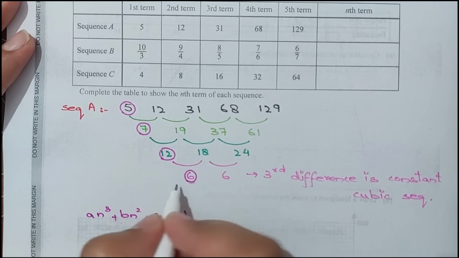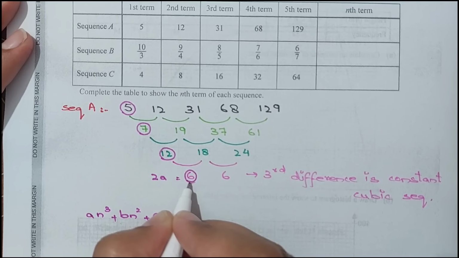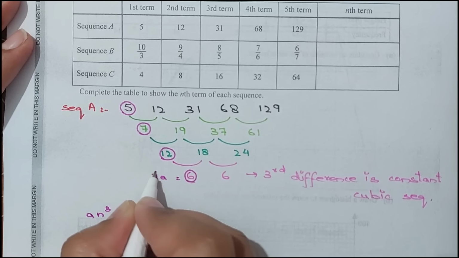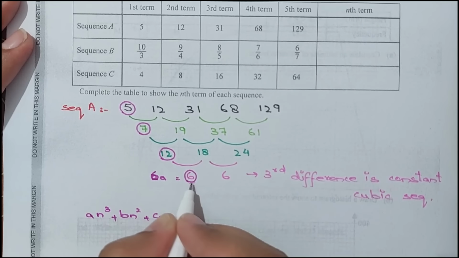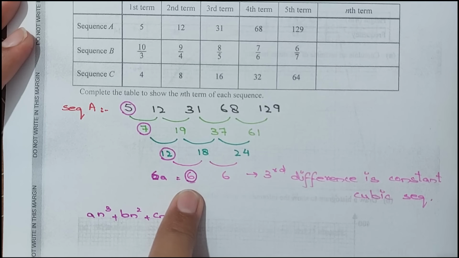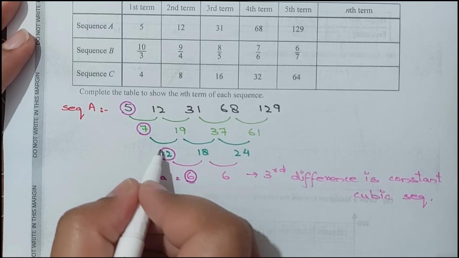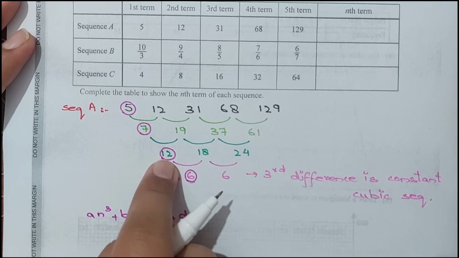Okay, so the first thing is we can say 2a would be equal to the first term of, sorry, 6a. This is for the quadratic. 6a would be equal to the first term of the third difference, the constant difference, right? Now we have to use the first term of the second difference.